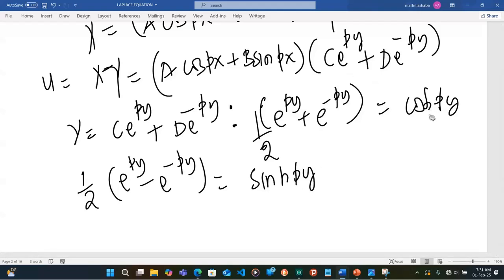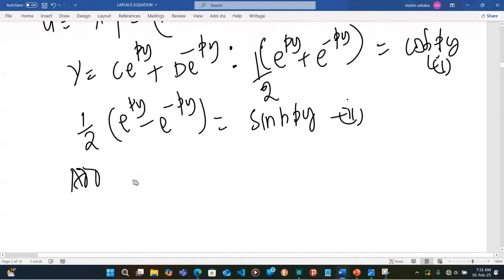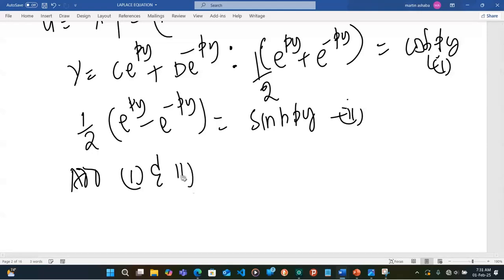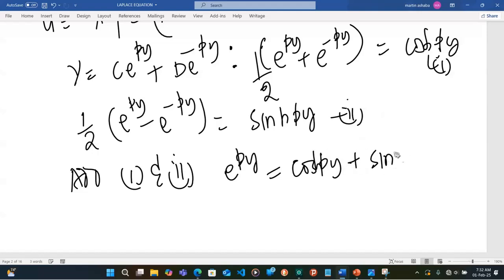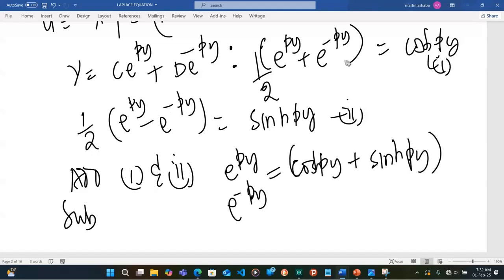So if I add them, I will have e^py equivalent to hyperbolic cosine py plus hyperbolic sine py.